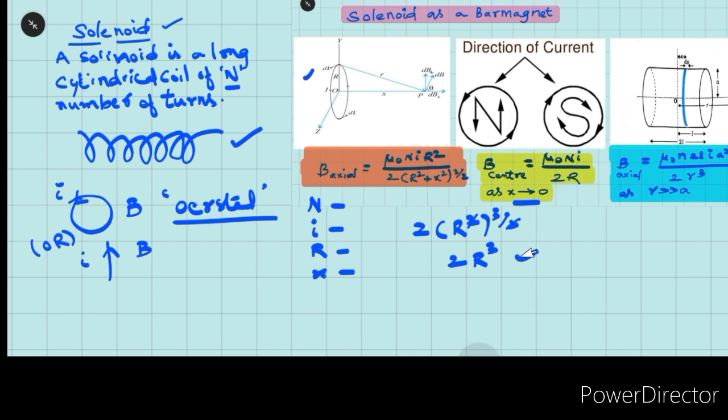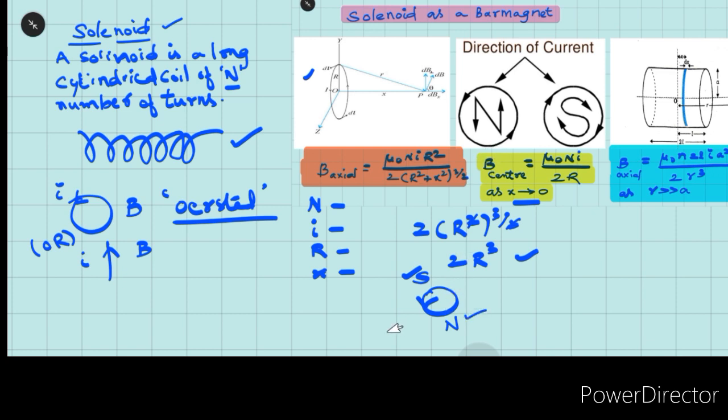So for the same coil, if current is in anti-clockwise direction, this side facing towards us is a north pole, and on the other side the current is passing in a clockwise direction and that side is a south pole.